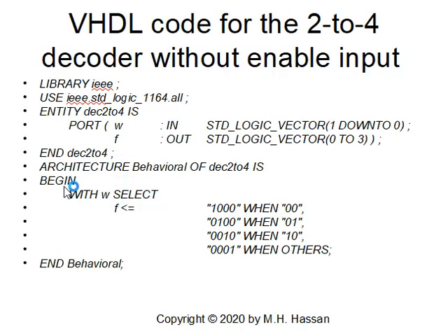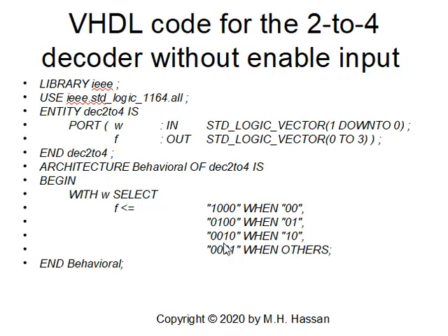Then the architecture statement: architecture behavioral of DEC2to4 is, we begin with a with W select. W is the input, because the input is changing. W is a 2-bit input. F is 1, 0, 0, 0, meaning M0 will be active, when the input is 0, 0. It will be 0, 1, 0, 0, meaning M1 is active, when 0, 1.